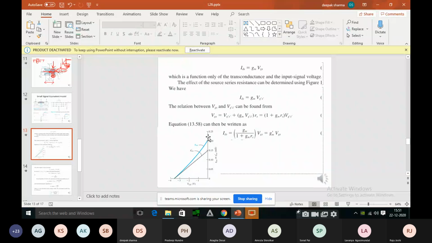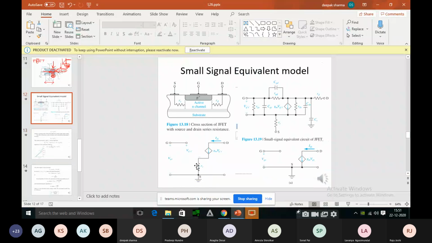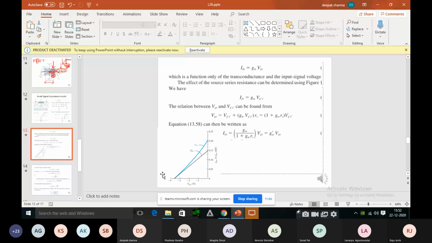So what you are seeing here, if the effect of RS is seen, then current will decrease a bit, right? Because that resistance RS will increase the total resistance. Very simple concept. If this resistance RS is taken into consideration, the current level will be a bit lower. If we ignore the effect of RS, the current will be higher. That is what is shown here.